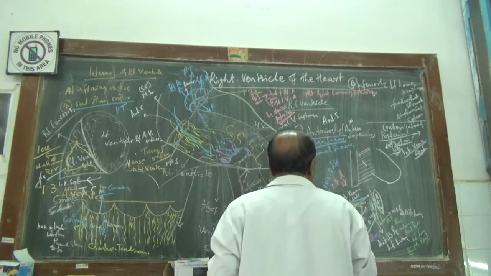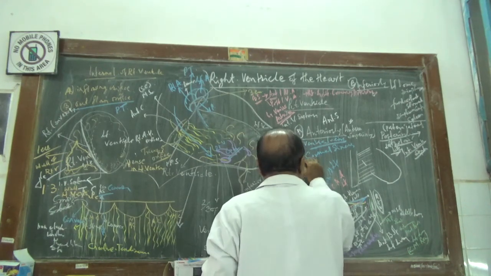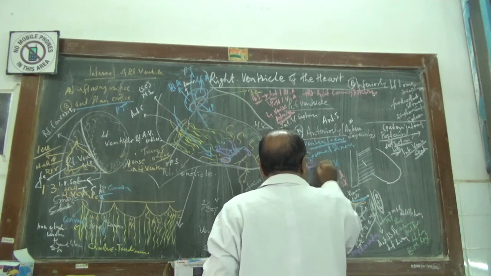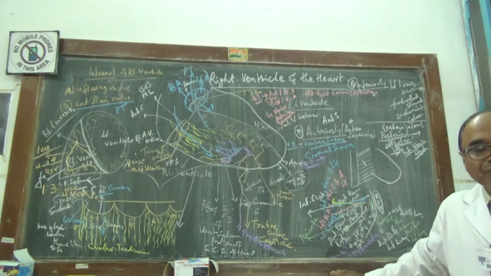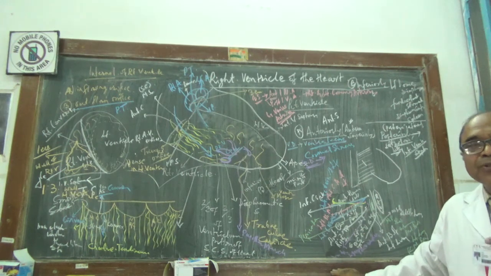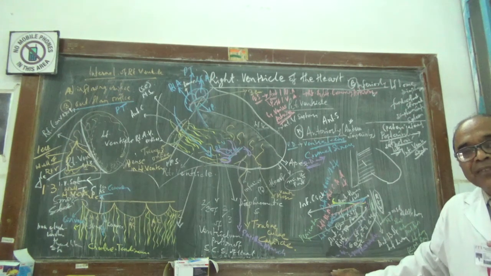Lymphatic drainage. Lymphatic drainage of the heart is by the superficial and deep cardiac group of lymph nodes, and that will be going into the thoracic duct.